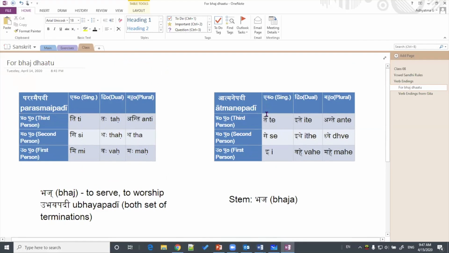Now we will see how to do the Atmanepadi. Same logic.